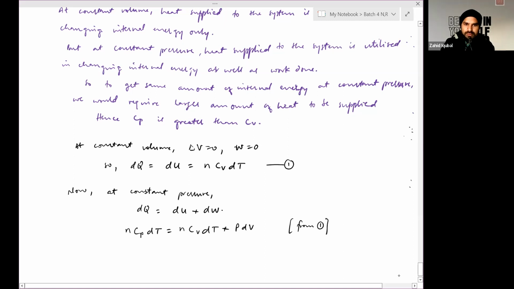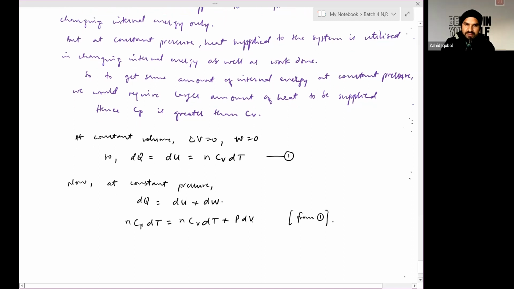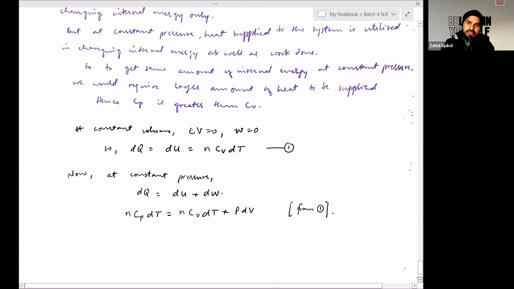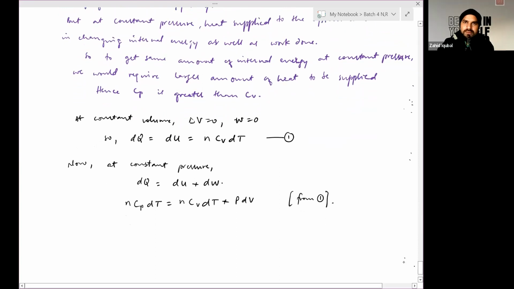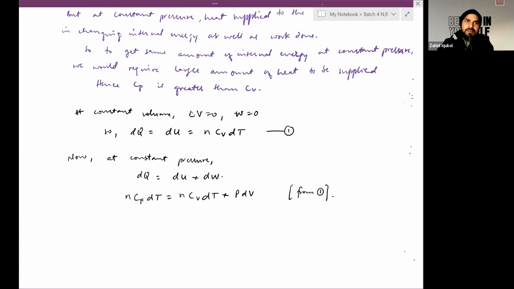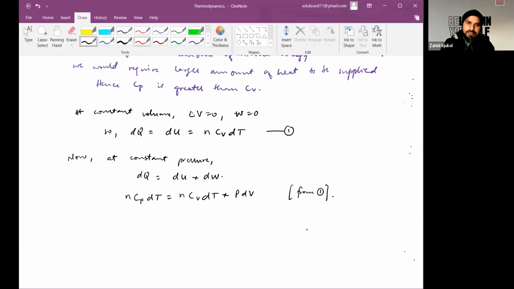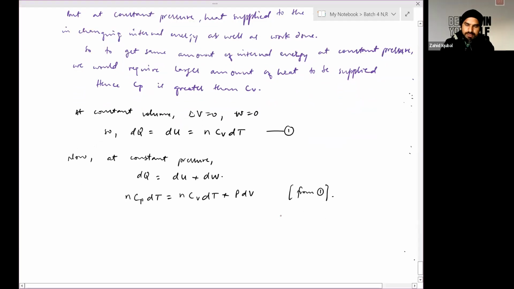Now we have to somehow change this P dV in terms of temperature. So how to solve it? Let's say using the ideal gas equation, PV equals nRT.